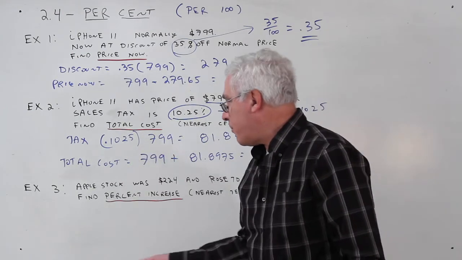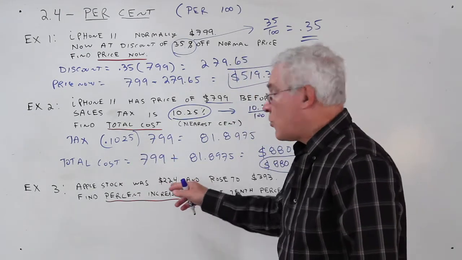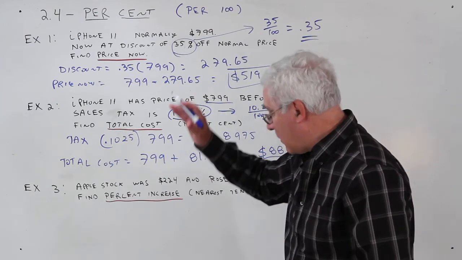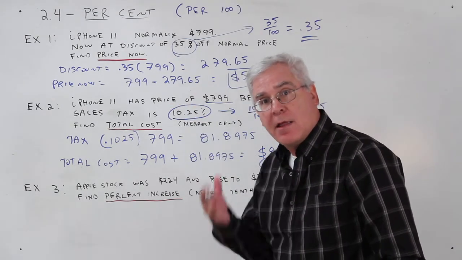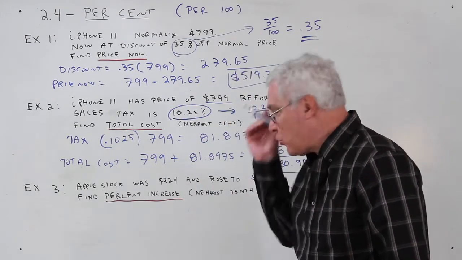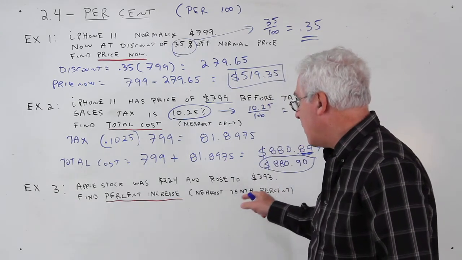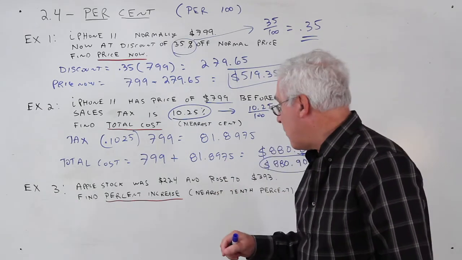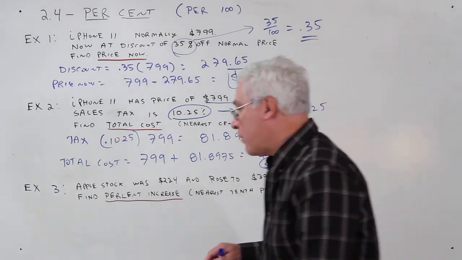Okay, example 3. Apple stock was $224 at the low point of the pandemic, and as of mid-July, it's back to $393. Find the percent increase and round to the nearest tenth percent.